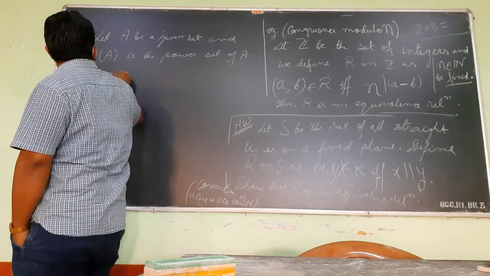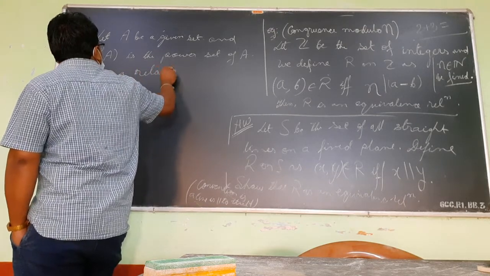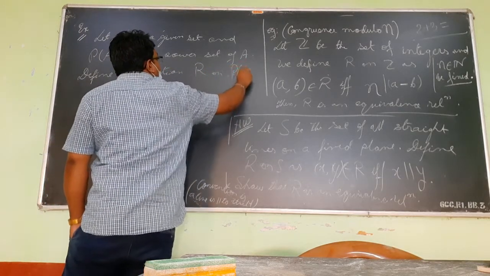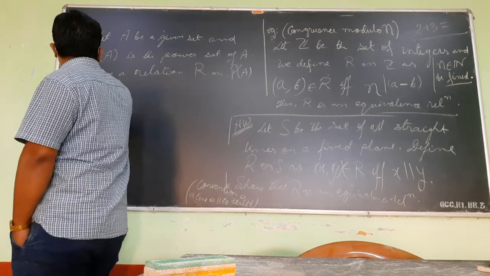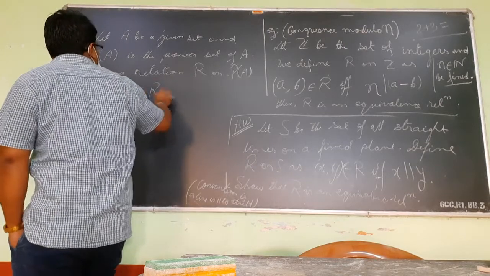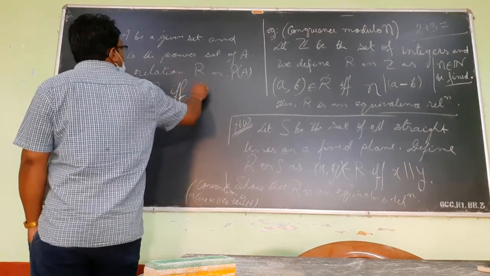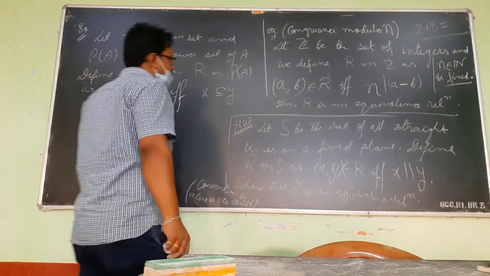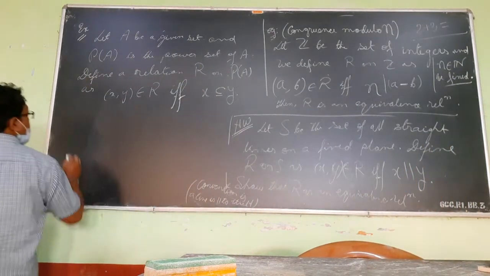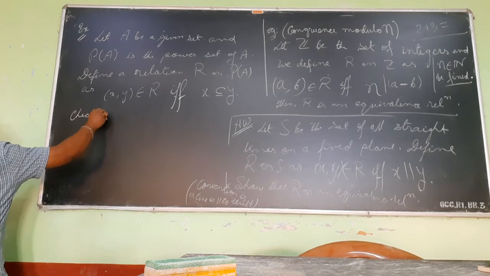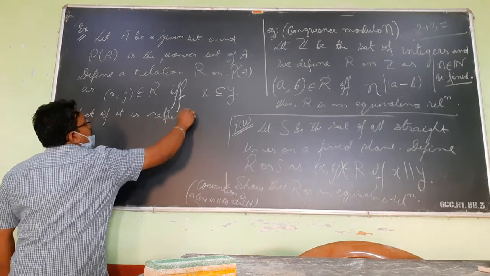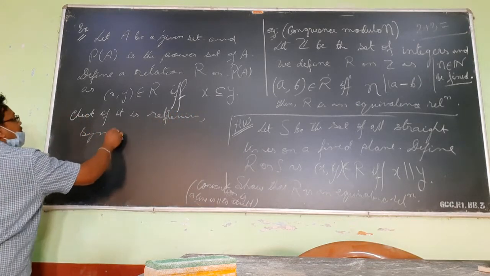Define a relation R on the power set of A as (x, y) belongs to R, that is, x is related to y, if and only if x is a subset of y. Check if it is reflexive, symmetric or transitive.